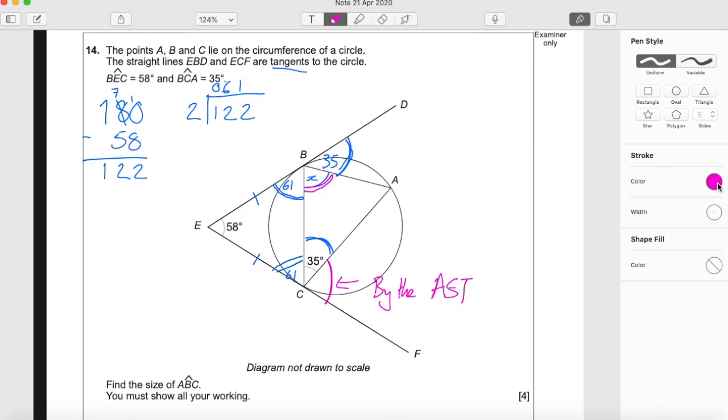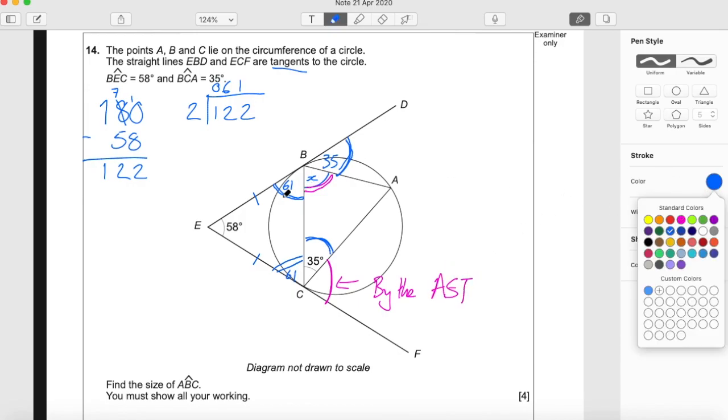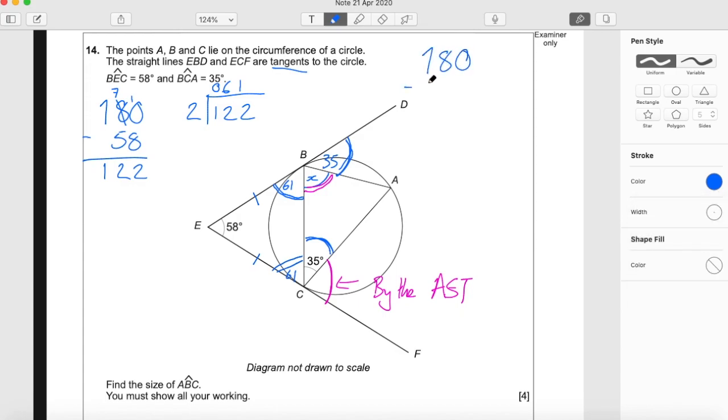Alternate segment theorem. Cool. So we have a straight line and we know that all the angles on a straight line add up to 180 degrees. So I could do 180 degrees minus this 61 degrees here, minus this 35 degrees from the alternate segment theorem. I'll just write that again, by the alternate segment theorem, just so it's clear to the examiner that I know about it and this 35 matches up to that 35.